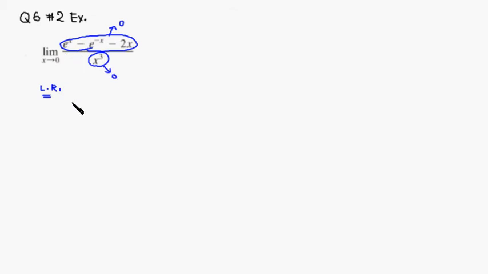Alright, so we take the derivative on top as x approaches 0. The derivative of e to the x is e to the x.